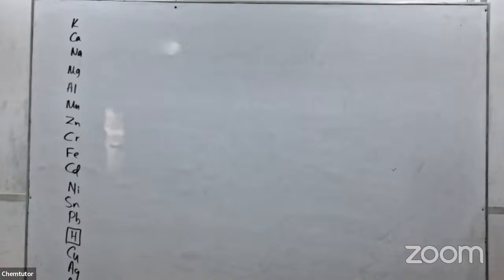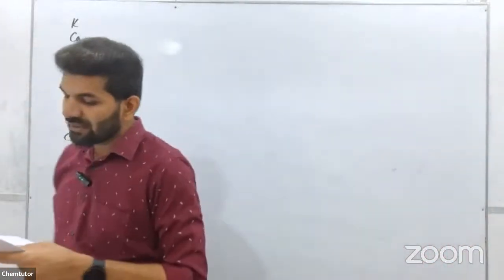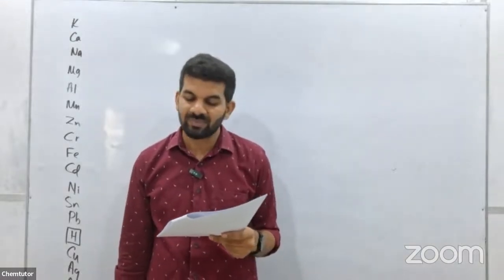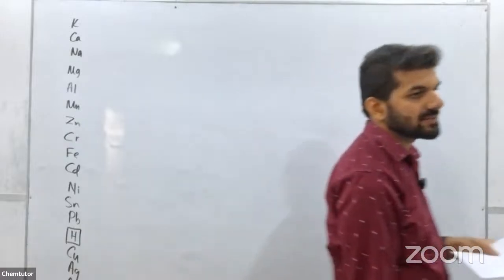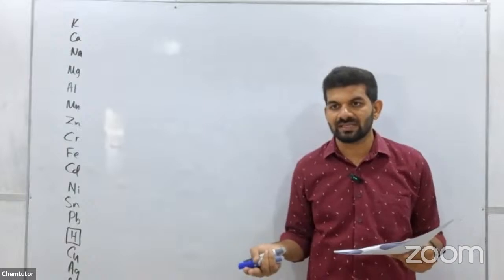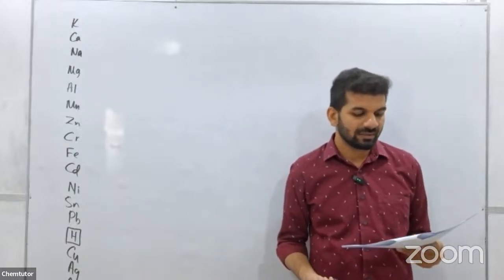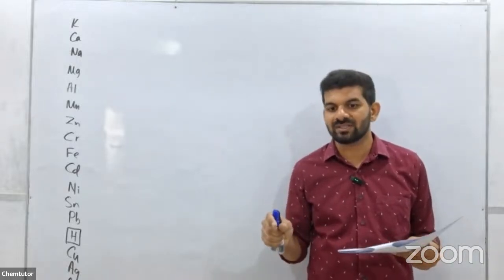Right, then the above solution 1 is boiled and HNO3 is added. Then ammonia is added in the presence of ammonium chloride. The green precipitate is obtained. Now this is group 3 cation analysis. The solution is boiled to remove the excess H2S gas. Then nitric acid is added to convert any Fe2+ present into Fe3+.